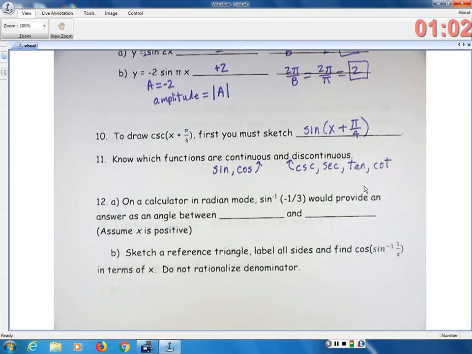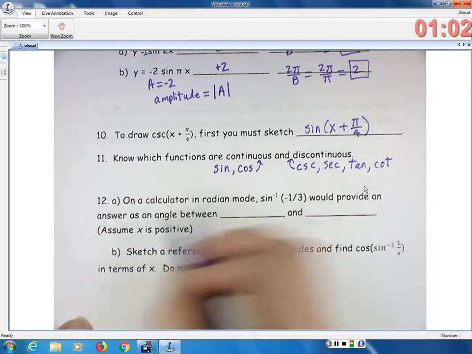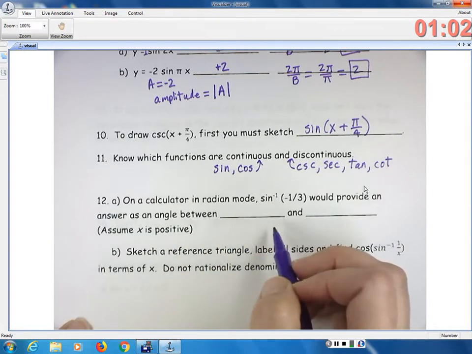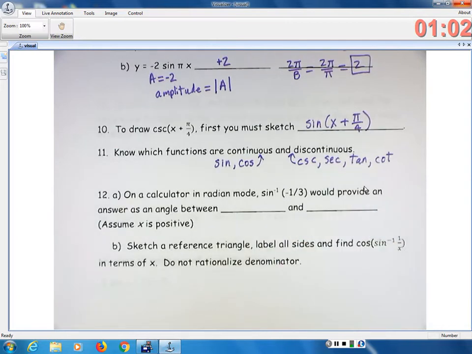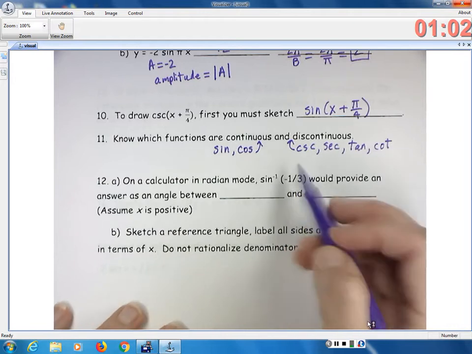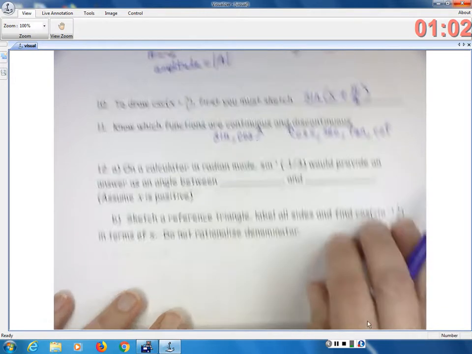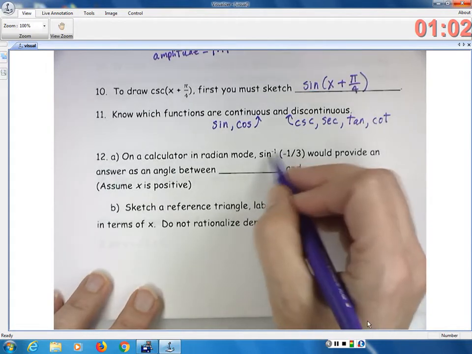Okay, on a calculator in radian mode, the inverse sine of -1/3 would provide an answer as an angle between what? Okay, so this is the non-calculator part. So you are doing this without the calculator, so you can't just take inverse sine of -1/3. So remember, the angle, what does this mean?